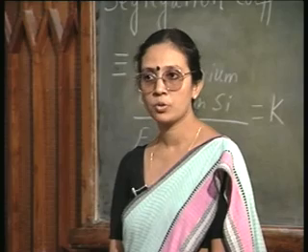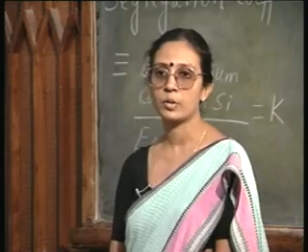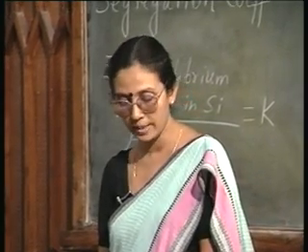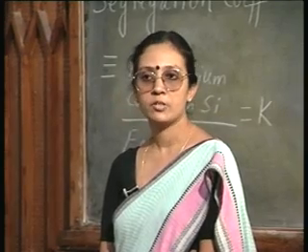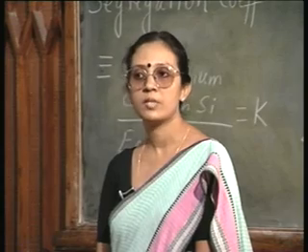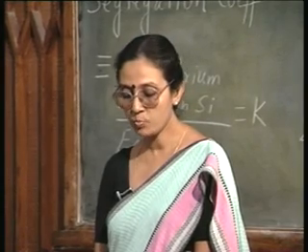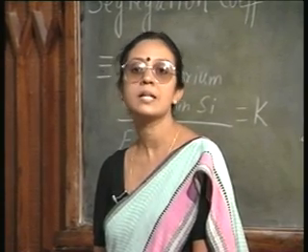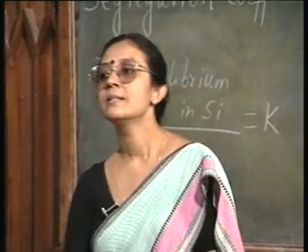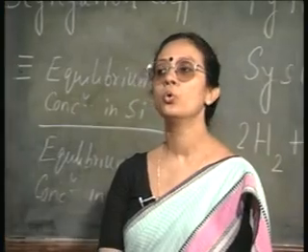Whenever we want to grow very thick oxide, that means you have to carry out wet oxidation at very high temperature for very long time, and then devitrification occurs. What is devitrification? Instead of this amorphous silicon dioxide, we get poor quality crystalline silicon dioxide, and that is no good.